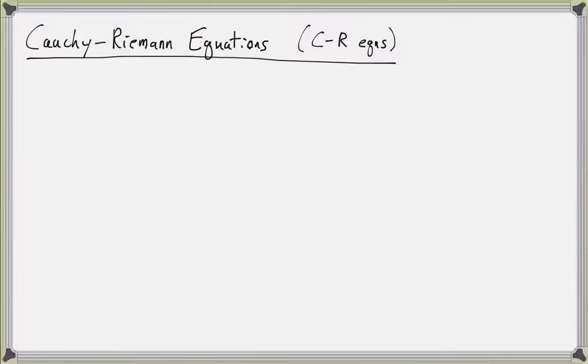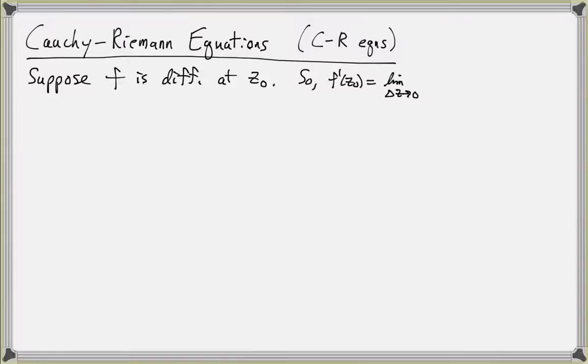So to develop these Cauchy-Riemann equations, we're going to assume that f is differentiable at a point z0. Suppose f is differentiable at z0. So the limit as delta z approaches 0 of f of z0 plus delta z minus f of z0 all over delta z.